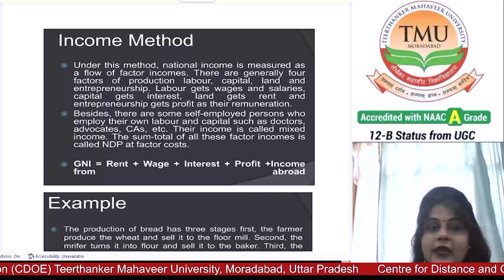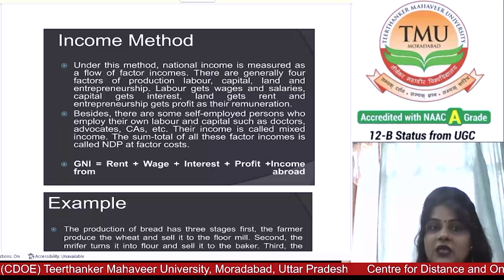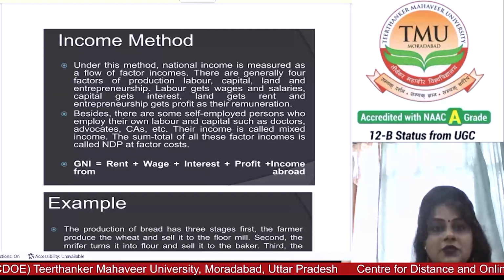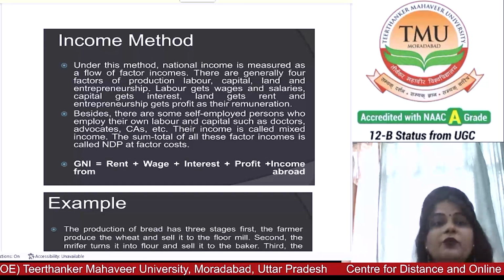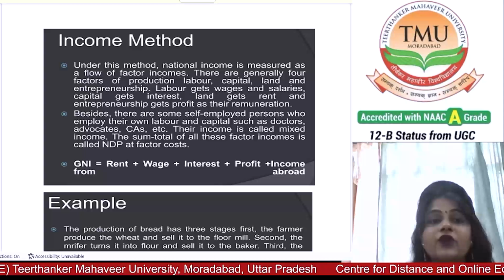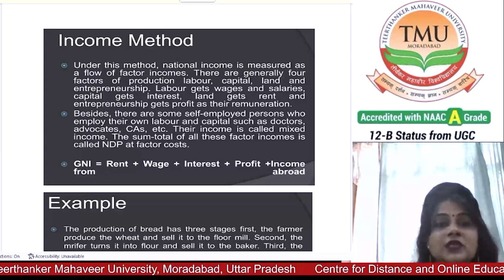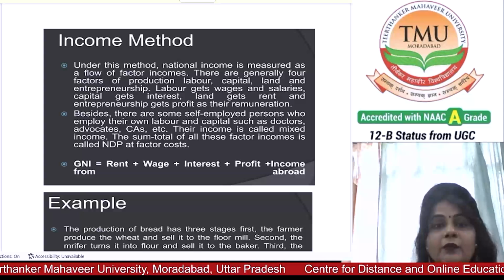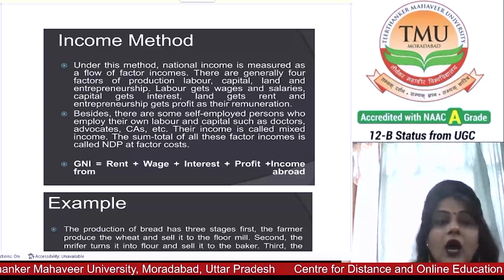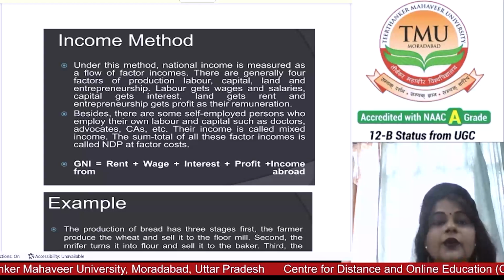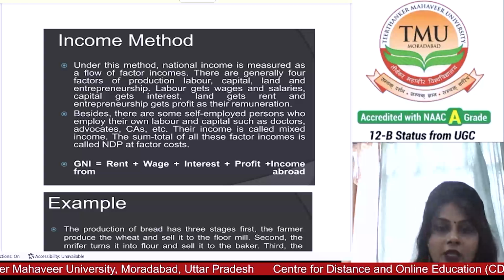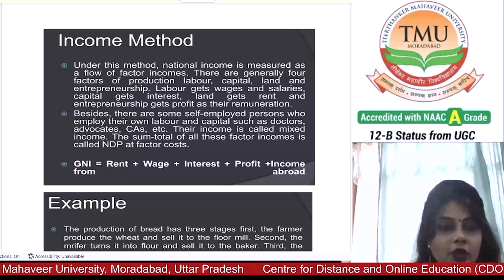the income method calculates the national income based on factor incomes. The incomes received by every resident of a country for the productive services produced by them during a year are added together to determine the national income of any economy.